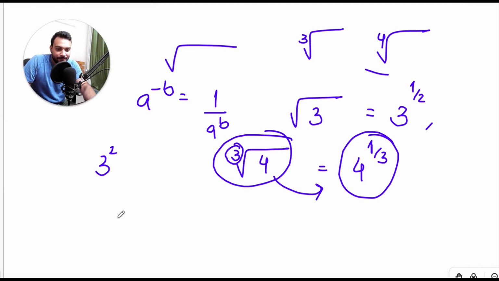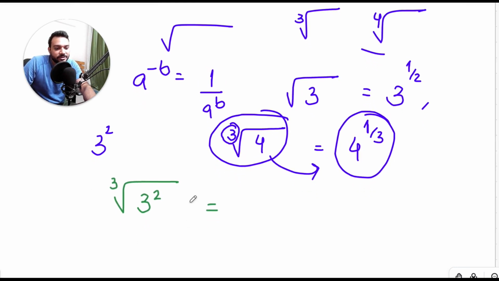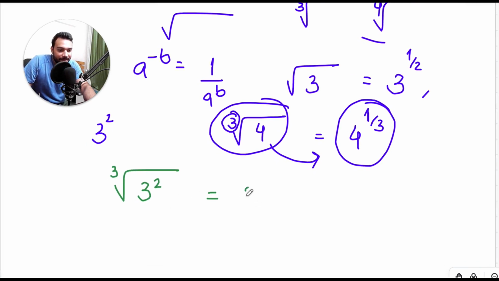For example, they might give 3 squared and outside there's a 3. What does this mean? When you convert it to the simple exponent expression, this will be like 3 squared raised to the power 1 over 3.